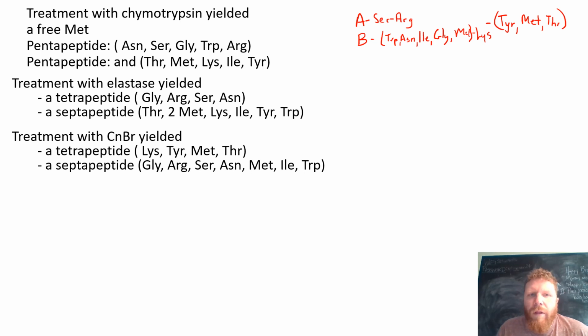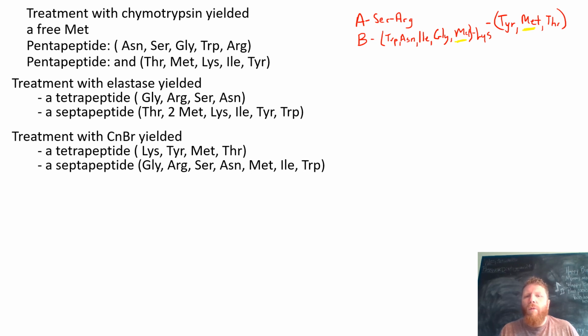Now, when we look at the data that were presented from just our chymotrypsin treatment, one of the things that I pick out from this is we're getting a free methionine. We have methionine in two different groupings. We have methionine in our C-terminal peptide, and I'm going to underline it here. We've got it somewhere in our C-terminal peptide, and we've got it somewhere in our B peptide.